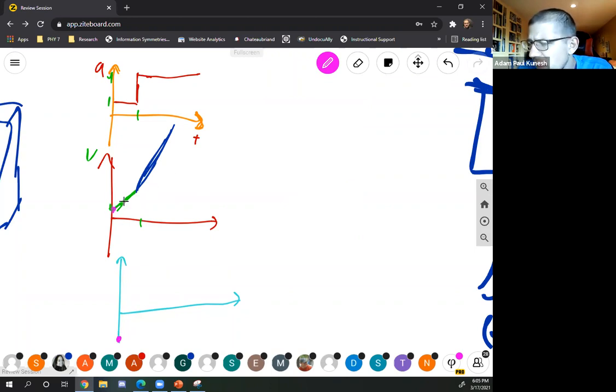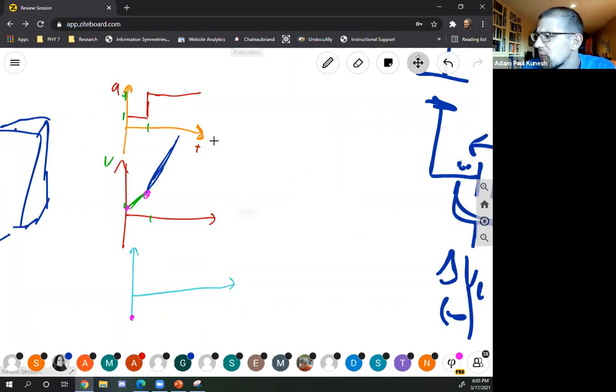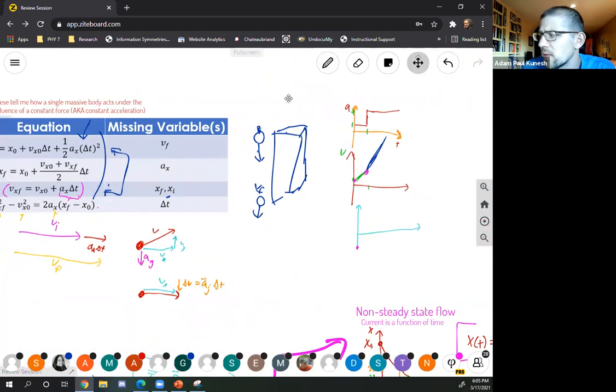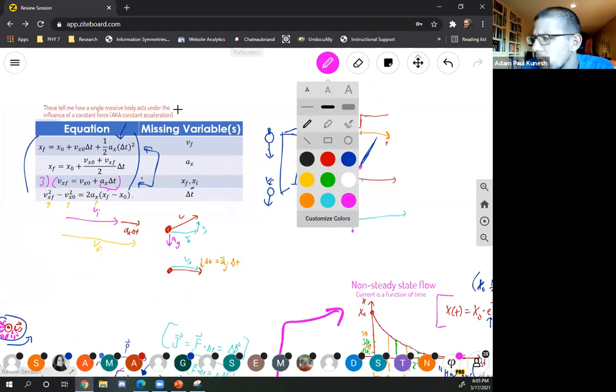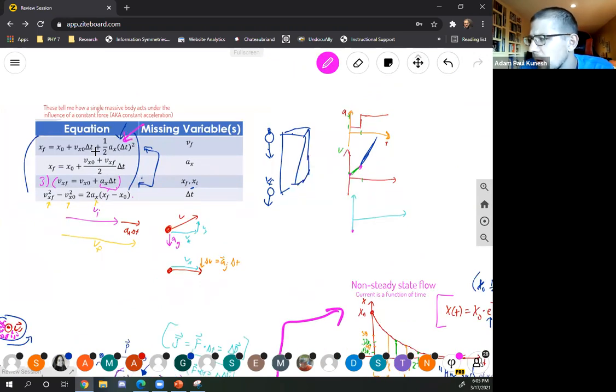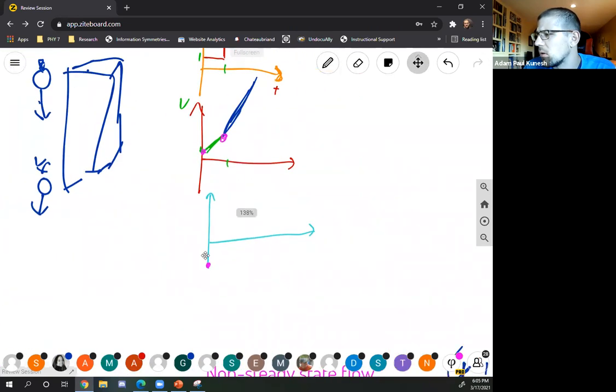So if I take these 2 points, I can apply the first kinematic equation to determine what my x final will be over this interval, given my known x initial. It'll end up at some value, and I'll have a parabolic curve connecting them.